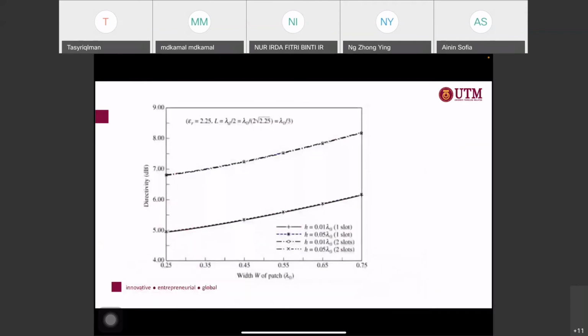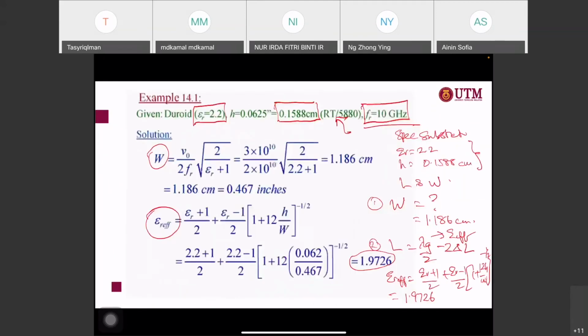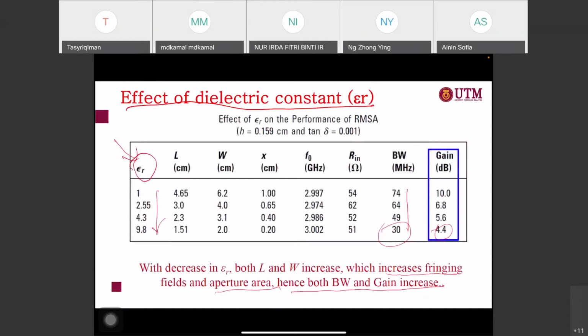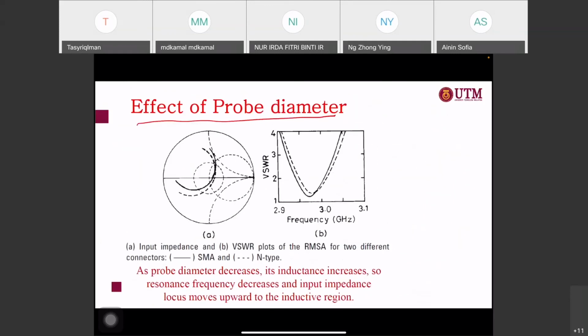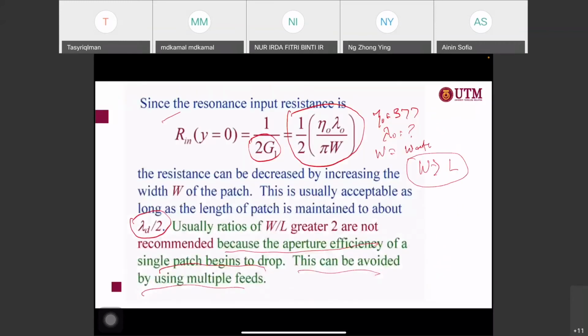Okay, so now we want to see the positions. The position also is important in the microstrip. You can find the points that you want to match here. This is your L here, this is your W here.